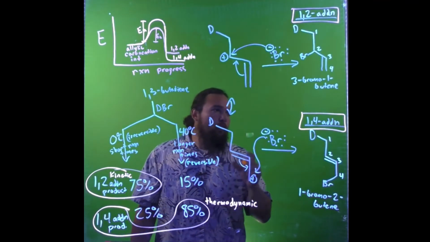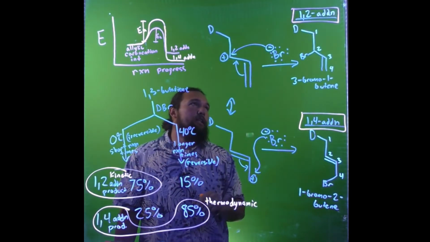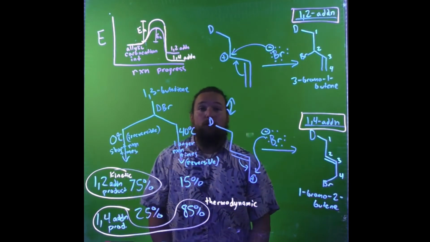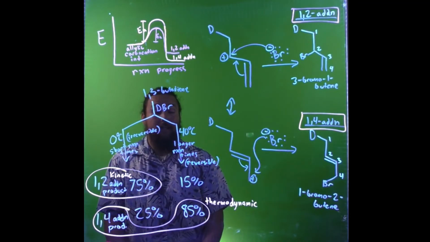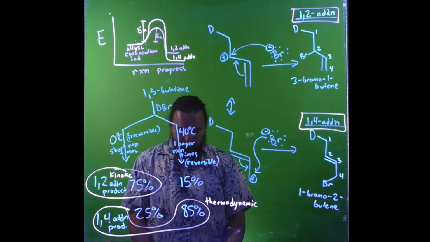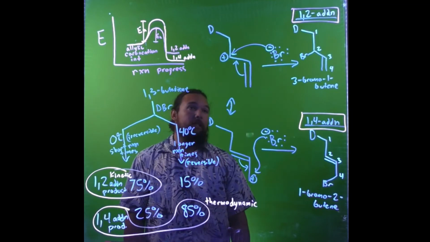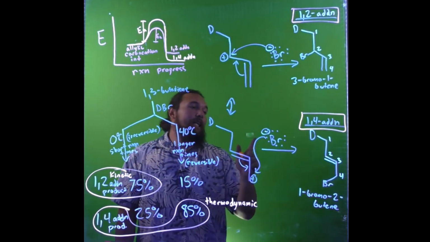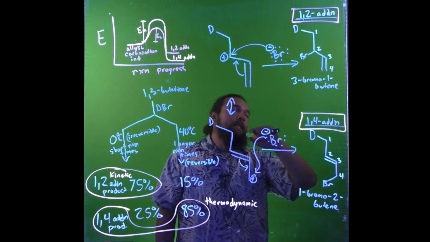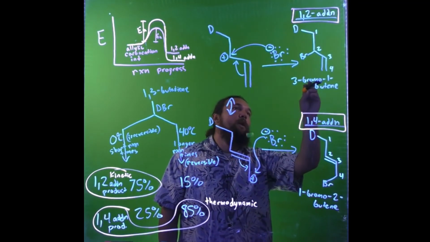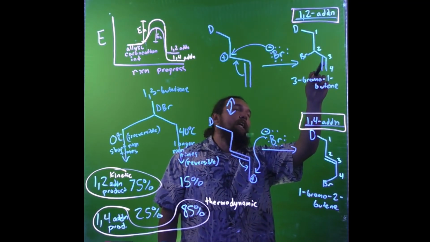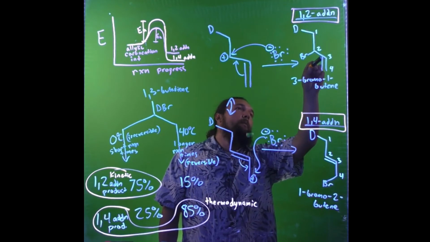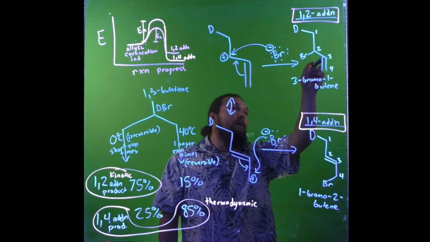Someone asked me, why is the 1,4 addition product more stable than the 1,2 addition product? And this is an excellent question. So let's go ahead and think about this. What is our final product? Our final product of the 1,2 addition gives us a mono-substituted alkene.